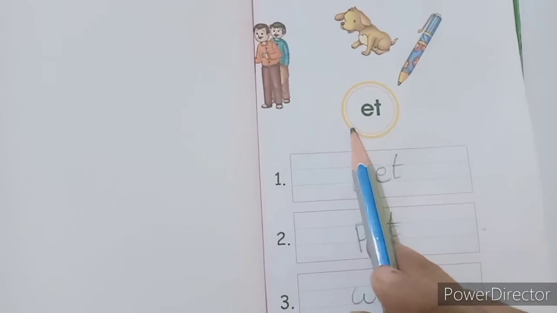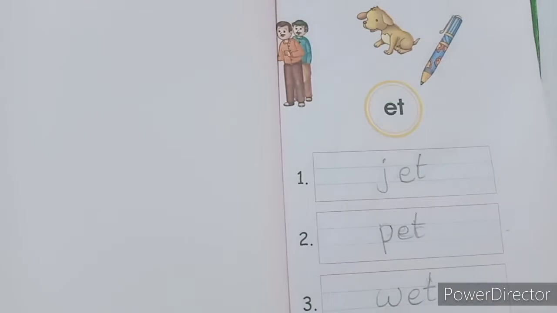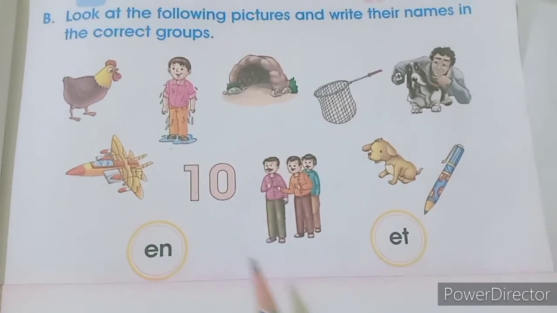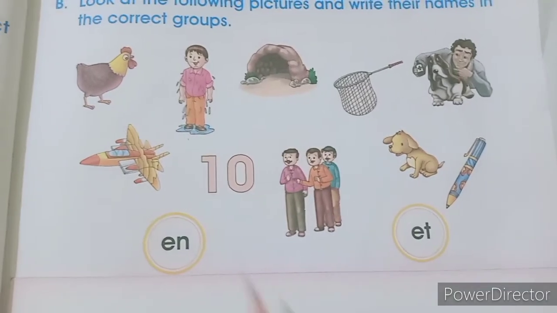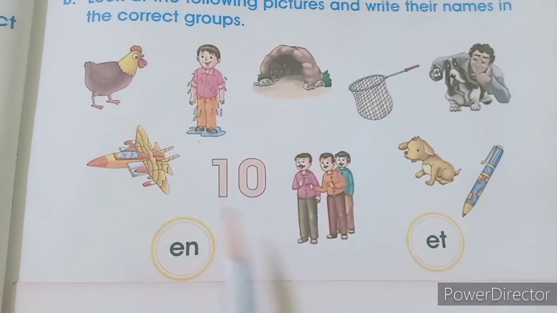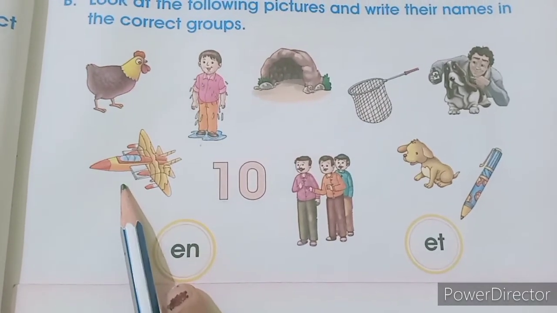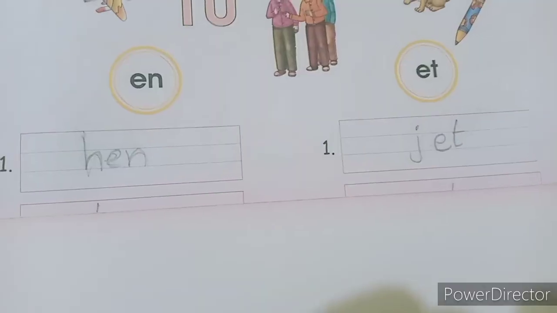Now our next group is E-T. So you have to add one alphabet and you have to write it here. Okay. At the very first, just search for the picture, beta, which will come. That is J-E-T, jet. Okay.